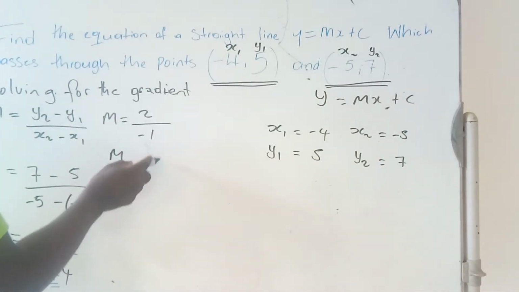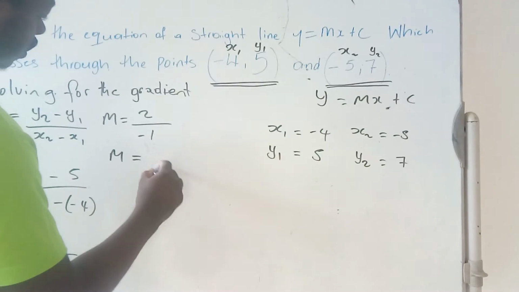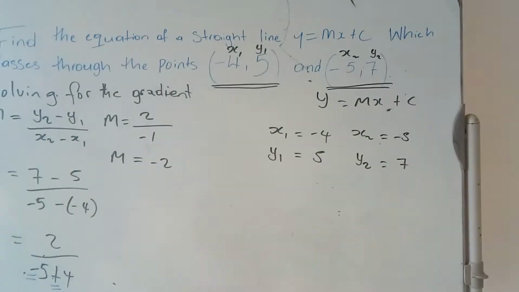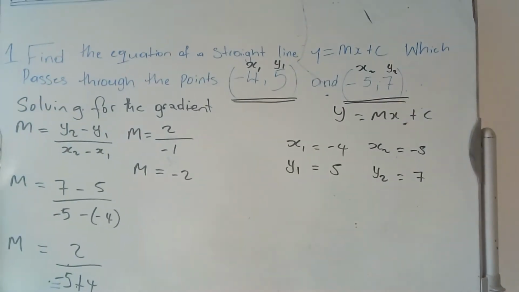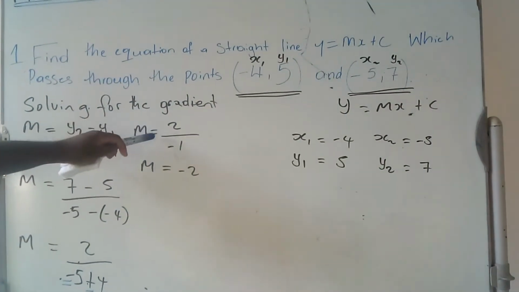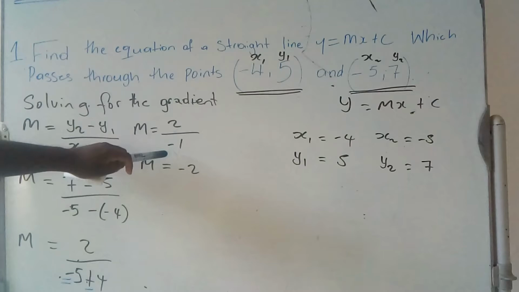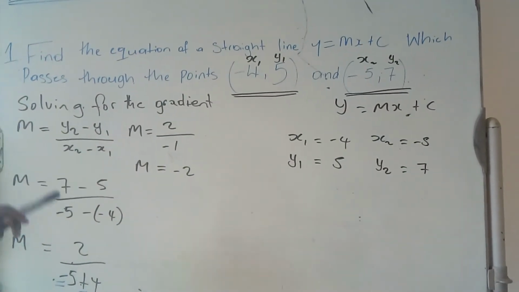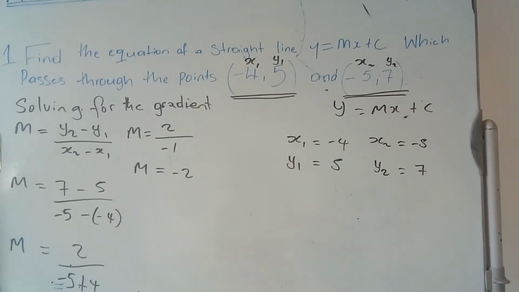So 2 divided by -1 will give us -2. So our gradient is negative 2. Now, anytime you have a positive number divided by a negative number, the result will always be negative. That's a point to know.